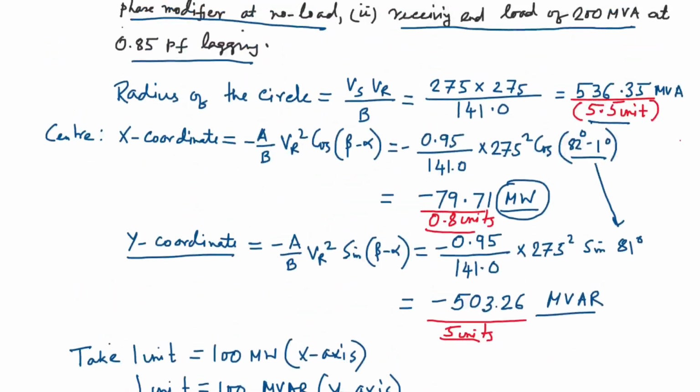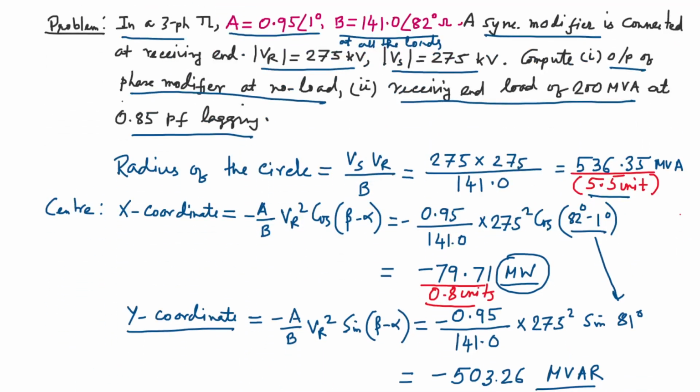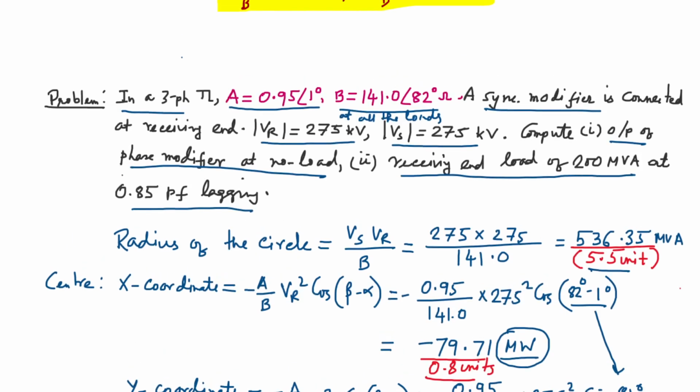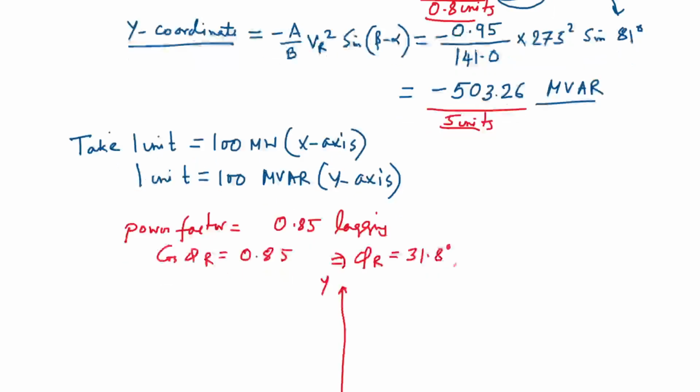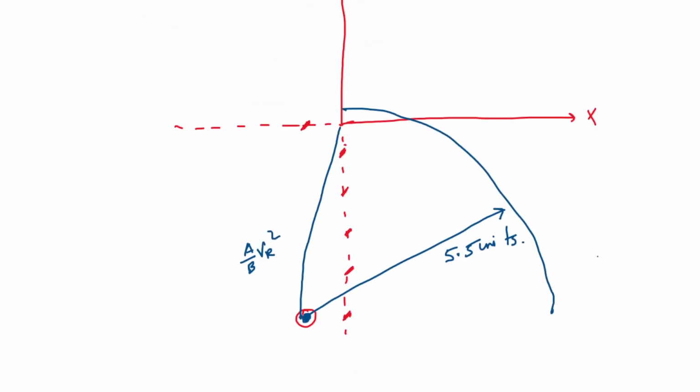Now, coming to the first part of this problem, the output of the phase modifier at no load. At no load means this point.